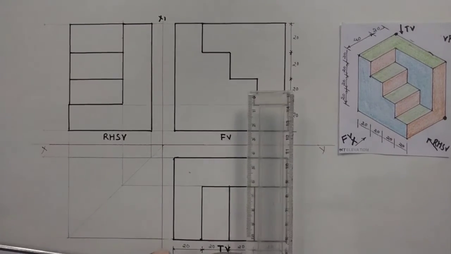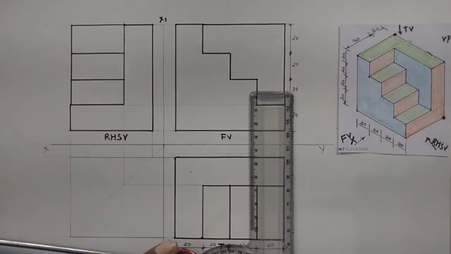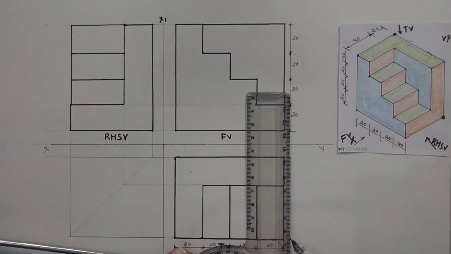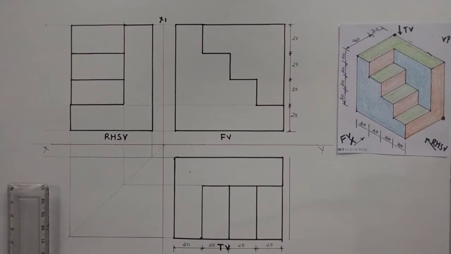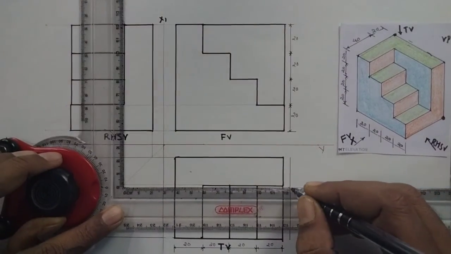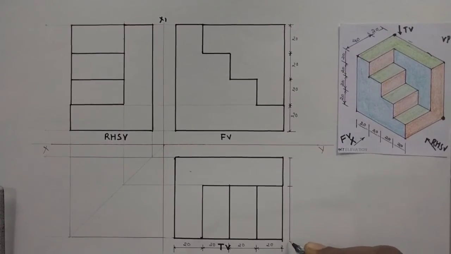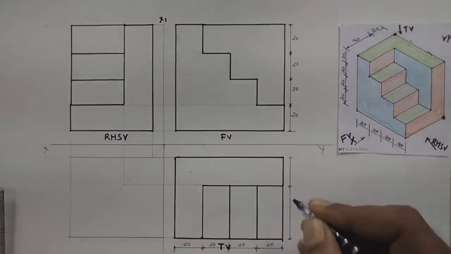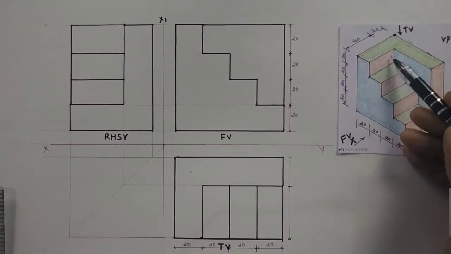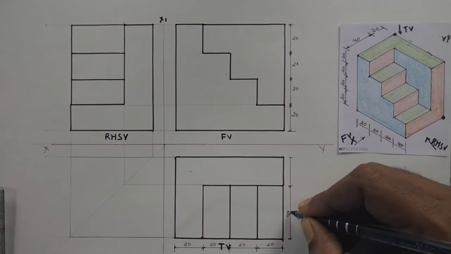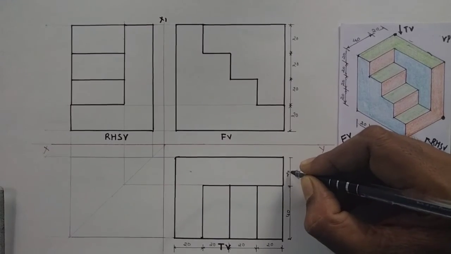Similarly, you can show the width of the job here in top view, and I divide this in two parts. This particular rectangle is 40 mm, so I write 40, and this is our 20.